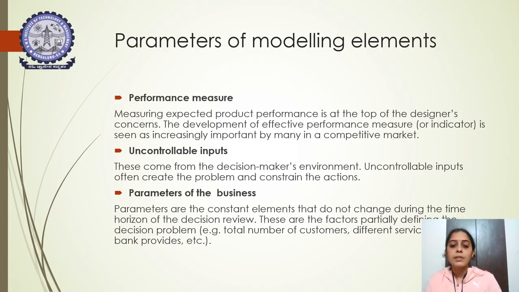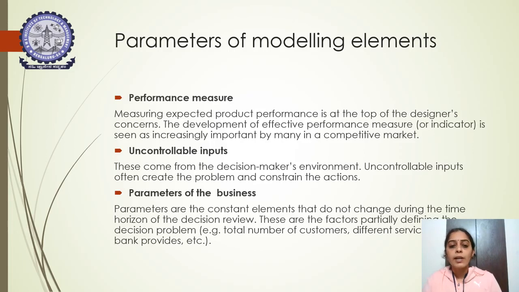These parameters are the constant elements that do not change during the time of the decision review. There will be many parameters which keep changing while taking a decision for a particular product, but there will be some stagnant parameters which cannot be changed at all.